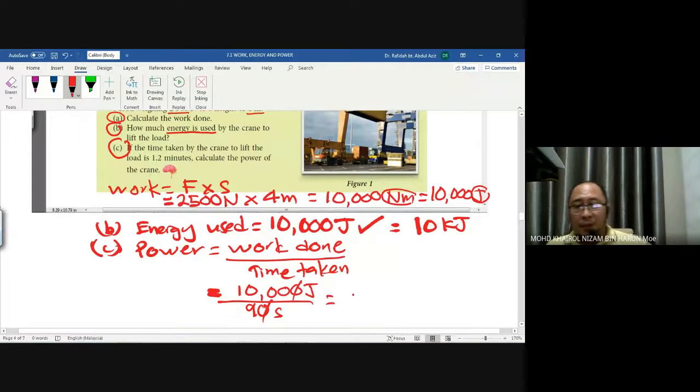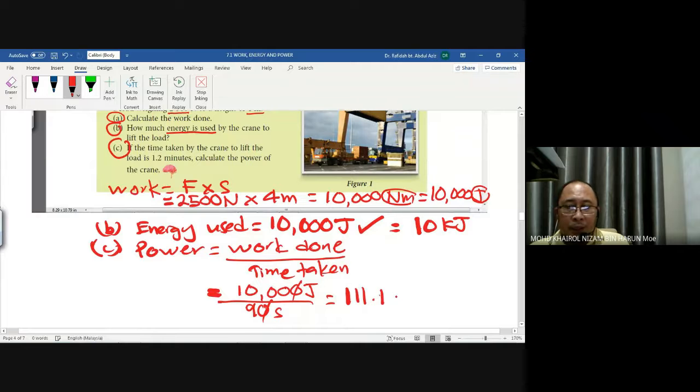What is the answer for this one? So 10,000 divided by 90. Okay, what is the answer? We get 111.1.